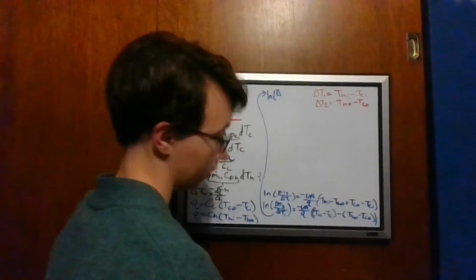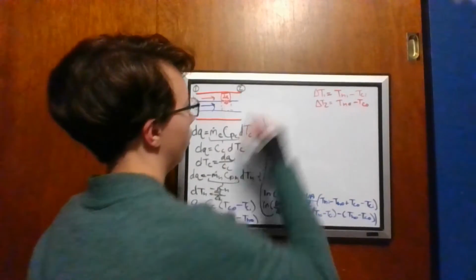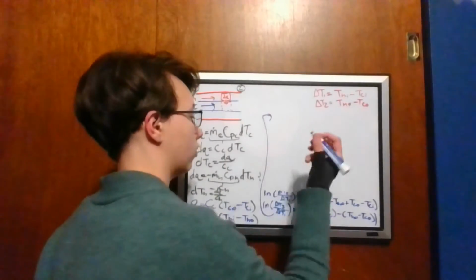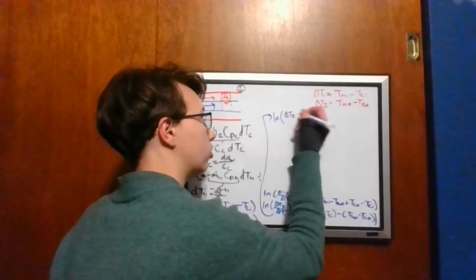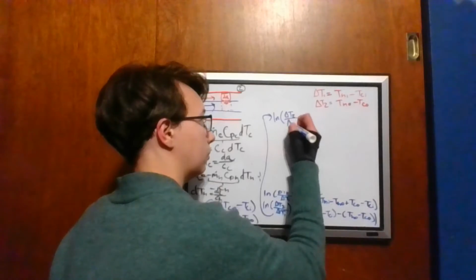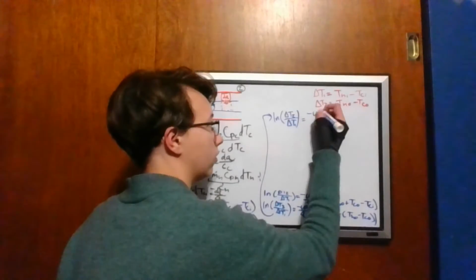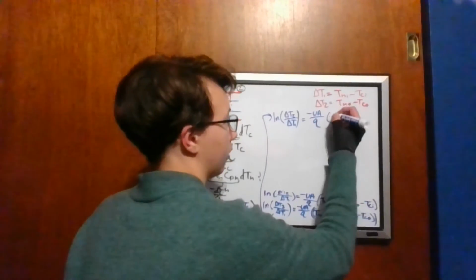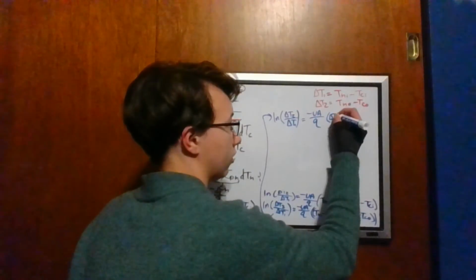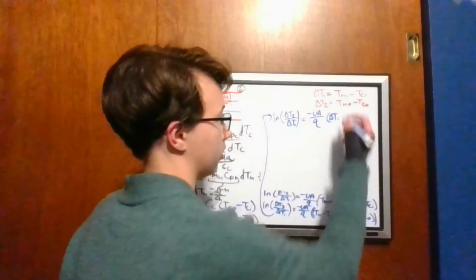I should probably do that a little bit lower, I'm going to run into this right here. So our natural log of delta T2 over delta T1 equals negative UA over Q times delta T1 minus delta T2.